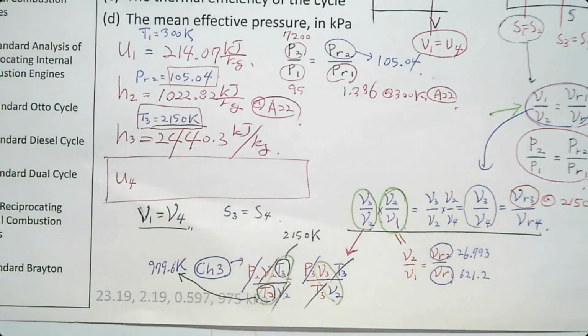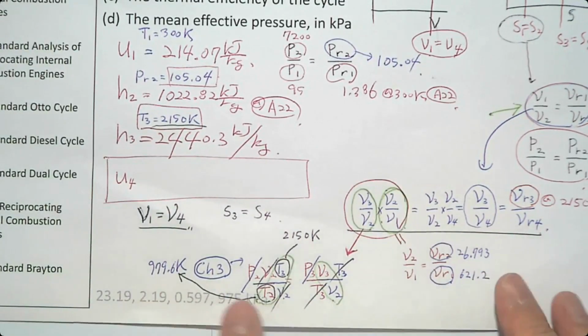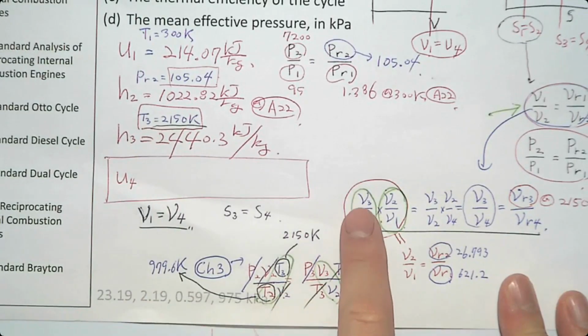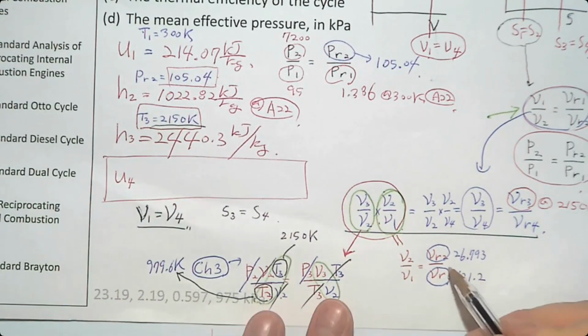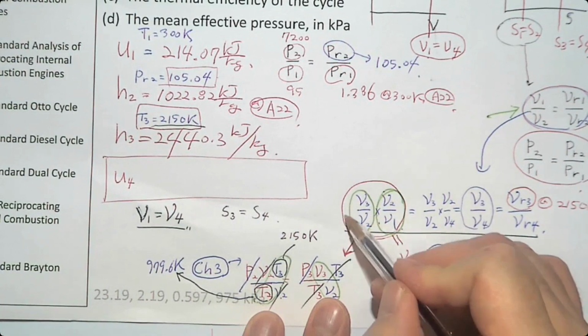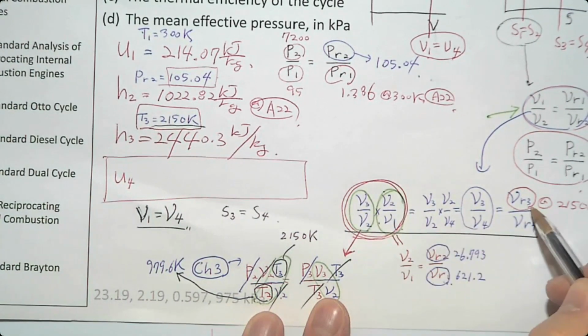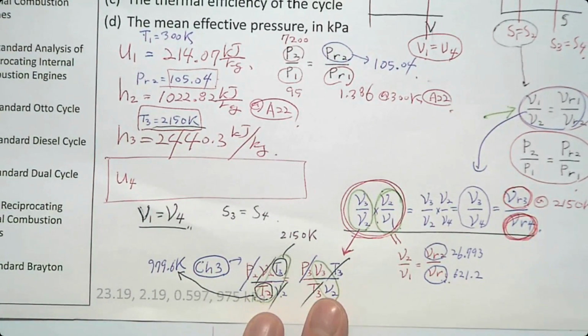Then if you go back, now we have everything on the left-hand side. T3 over T2 is VR3 over VR2, and V2 over V1 can be found by VR2 over VR1. So we know everything on the left-hand side. We know VR3, so we can determine VR4.